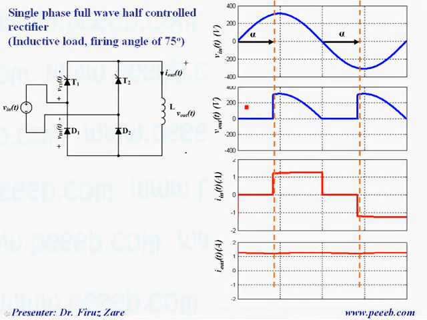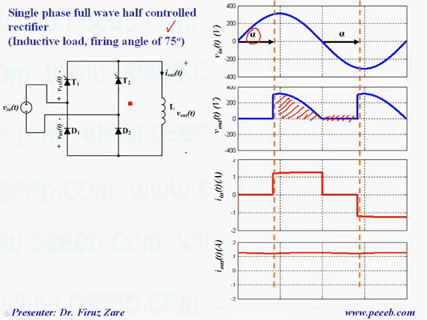These voltage and current waveforms just show the output voltage and current based on different firing angles. Here again we can see that we can change the output voltage because this area is changed by different firing angle, and again over this time we just turn on one thyristor and one diode in such a case that the output voltage is 0.